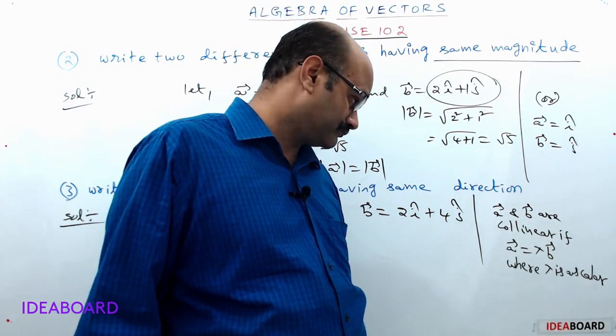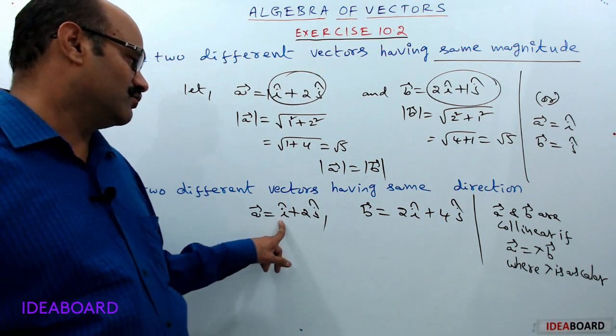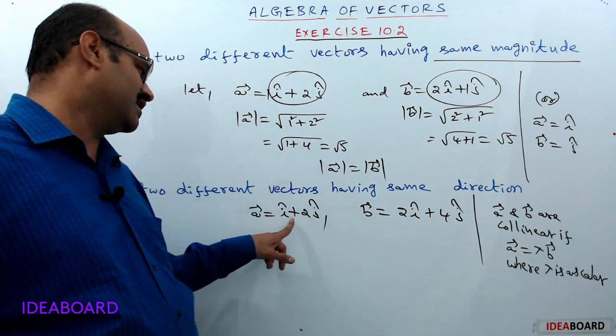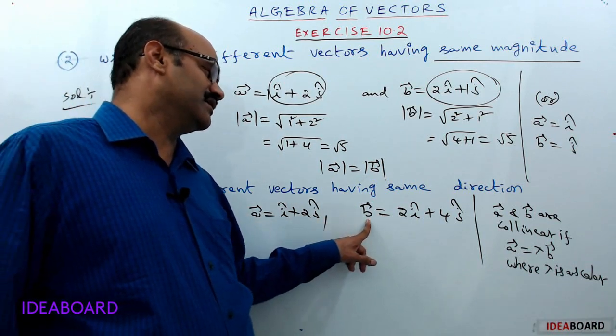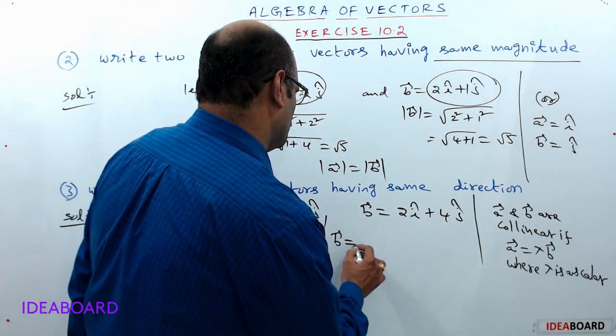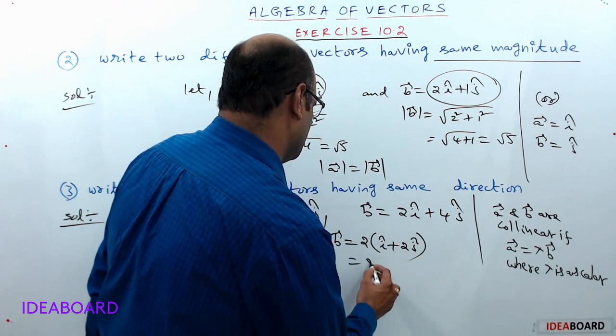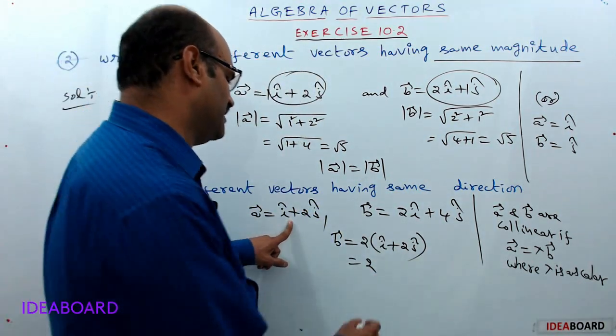So here A vector equal to i cap plus 2j cap, B vector equal to 2i cap plus 4j cap. B vector equal to 2 times of i cap plus 2j cap. So B vector equal to 2 times of A vector.